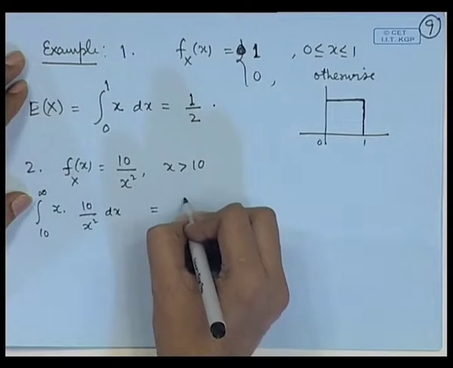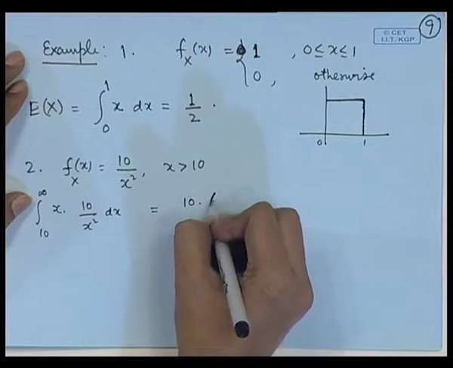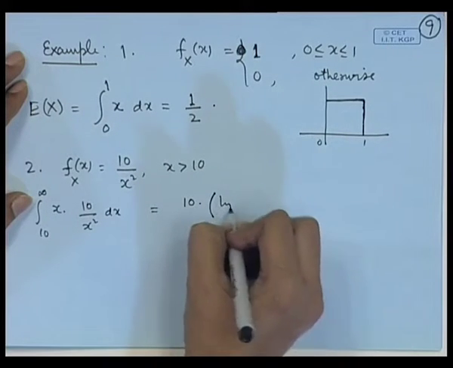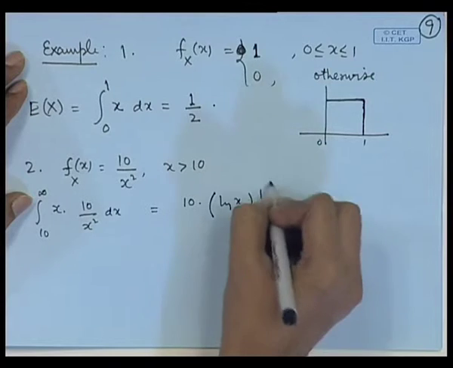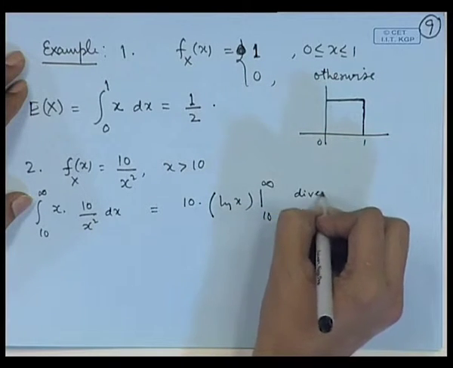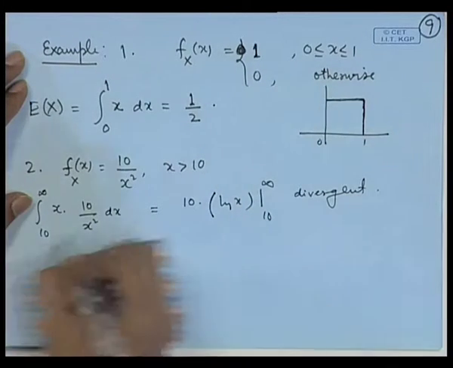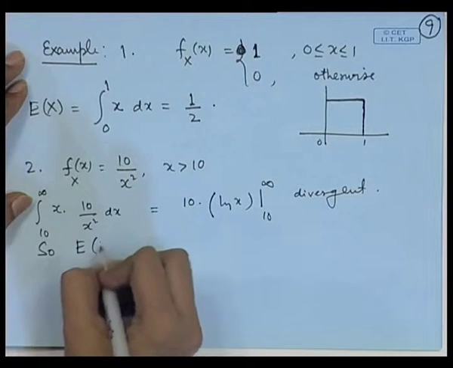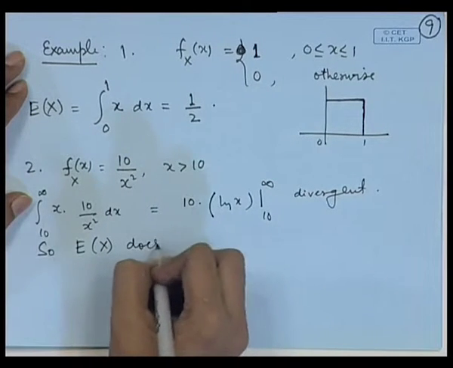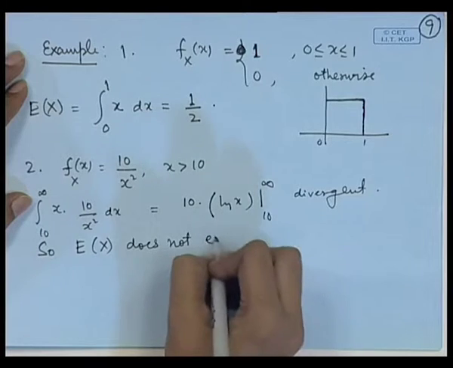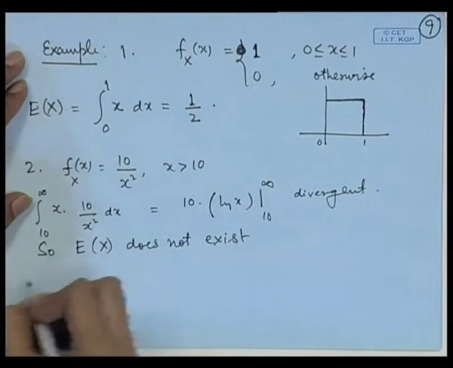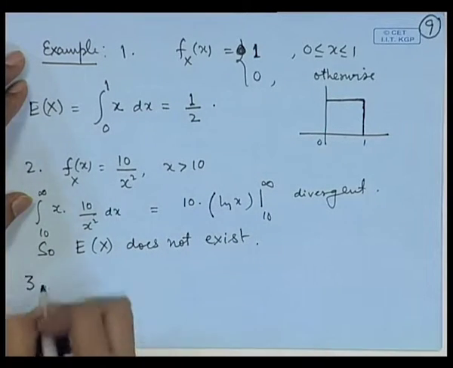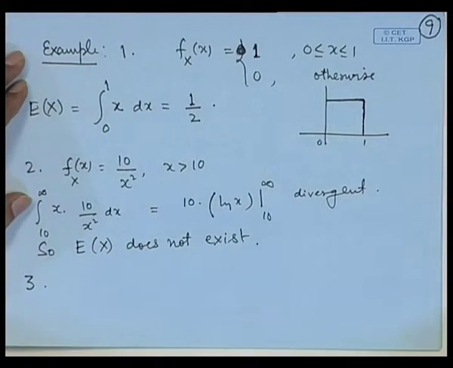So, that is equal to 10 times the integral of 1 by x, which is log x, from 10 to infinity. This is divergent. So, here expectation of x does not exist. Let us consider another example.